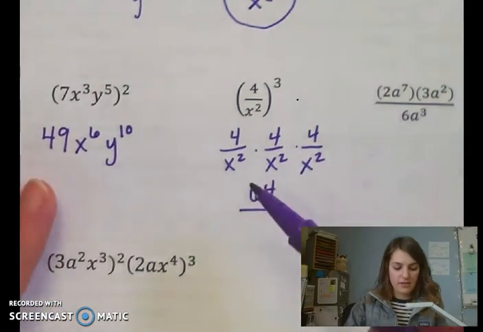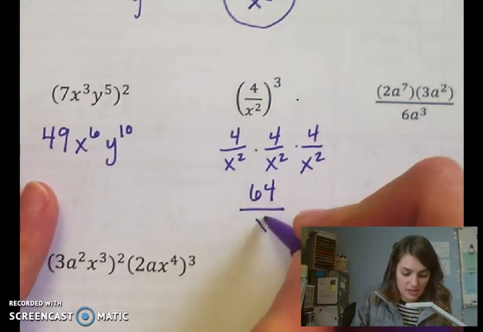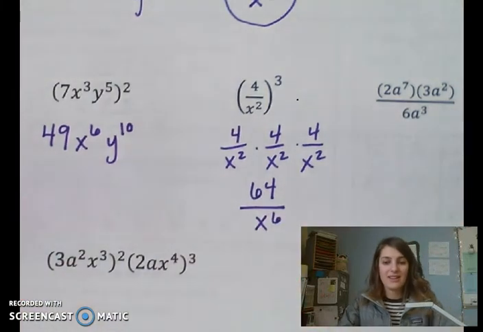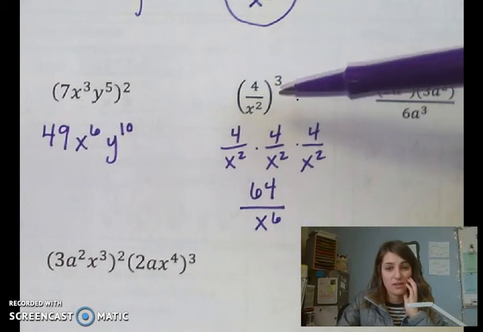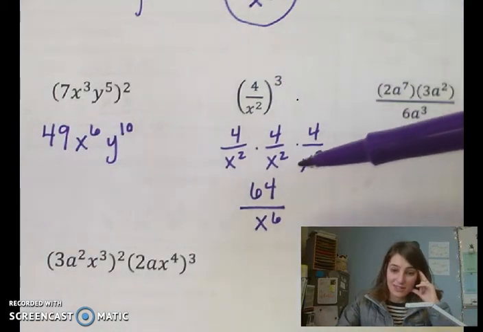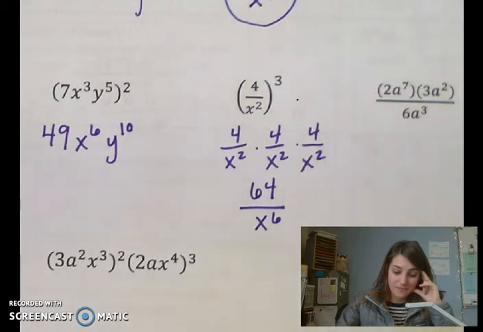And we have x squared cubed, which is x to the 6th. So again, if we did this without writing it out, we would have to be real careful, because it's really tempting to do 4 times 3, which is 12. But that's not right, because it's 4 times 4 times 4.